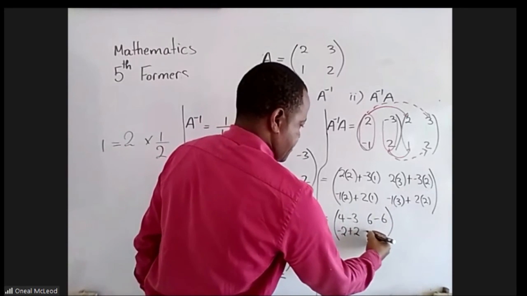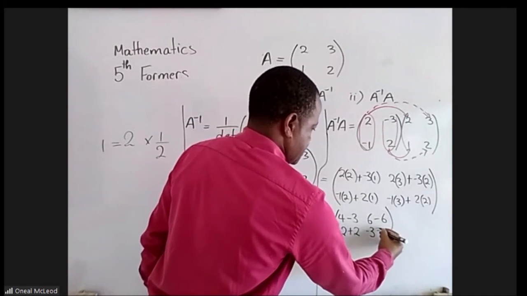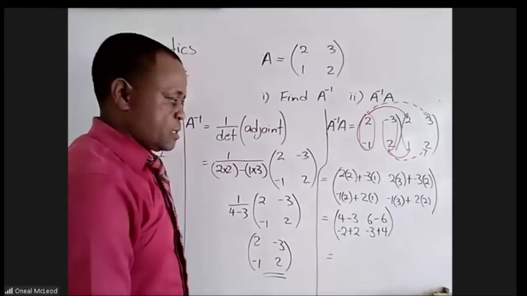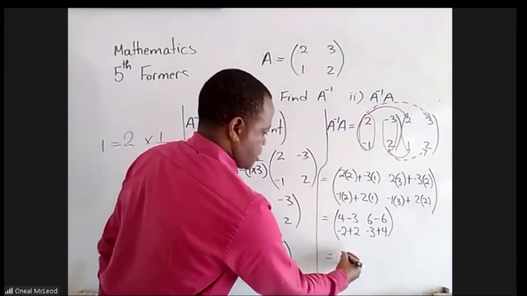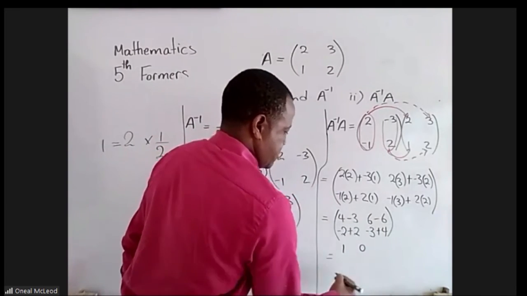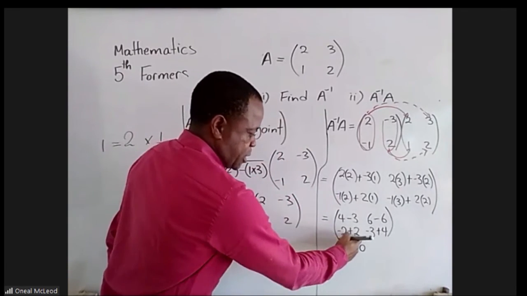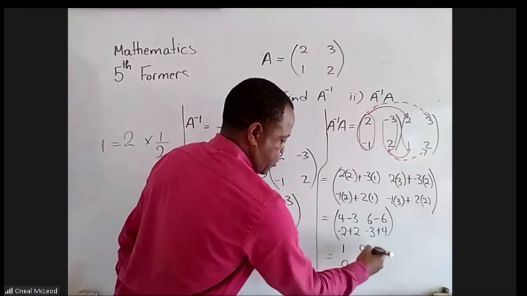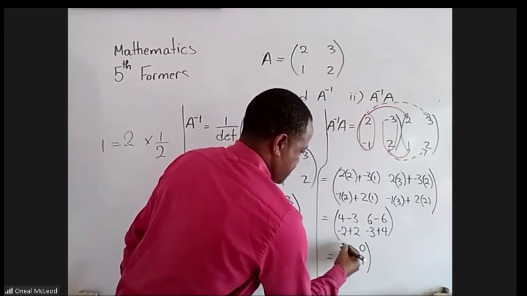Negative 1 times 3 gives us negative 3, plus 4. Now, if I work this out, students, notice 4 minus 3 is going to give us 1. 6 minus 6 is going to give us 0. Negative 2 plus 2 is going to give us 0. Negative 3 plus 4 is going to give us 1.